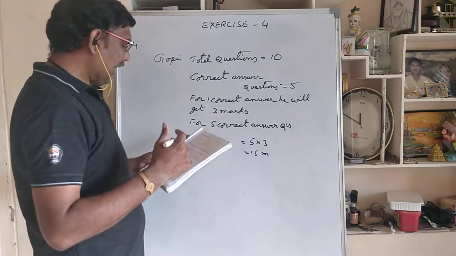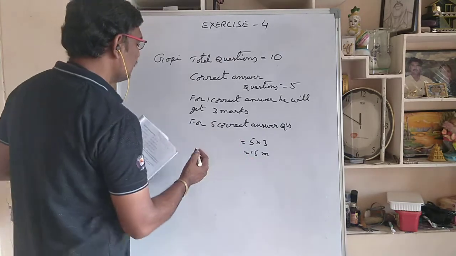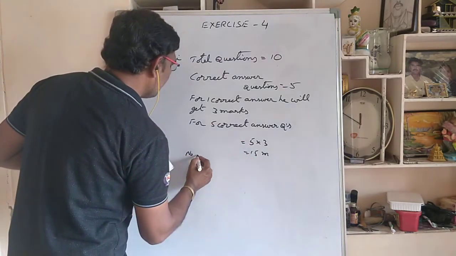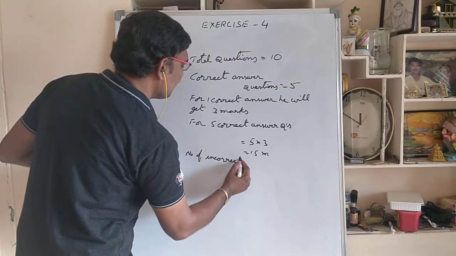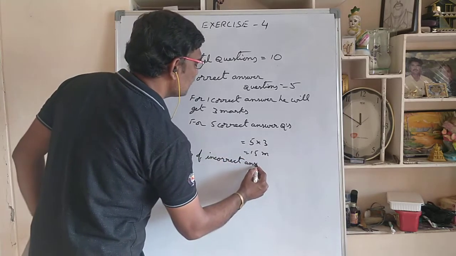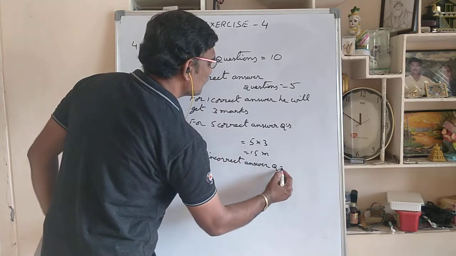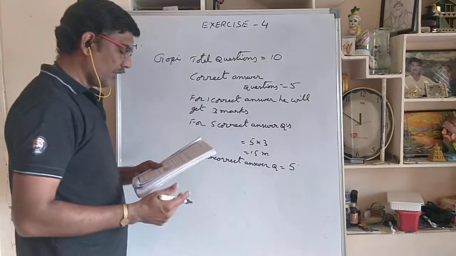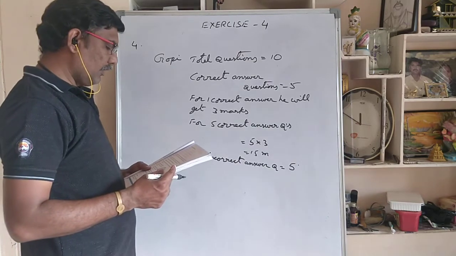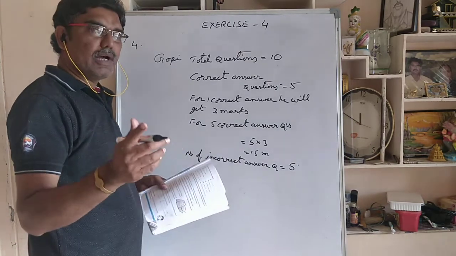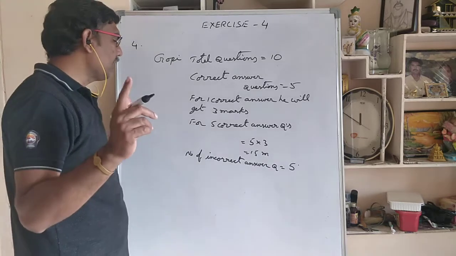Next, how many questions did he get wrong? Number of incorrect answer questions: 5 incorrect answers. For an incorrect answer we have to subtract 1 mark.